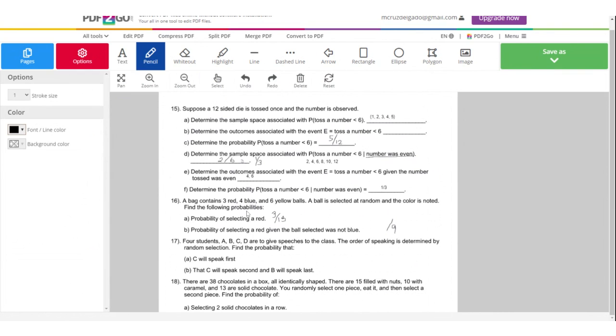Well, there's 3 of them. So 9 not blue, and out of those that are not blue, 3 of them are red. So this one is 1/3 as well.